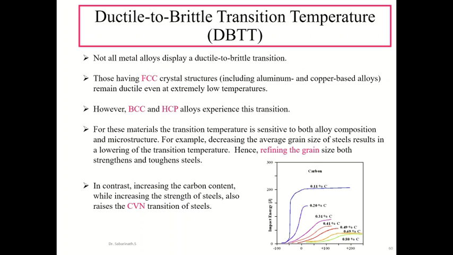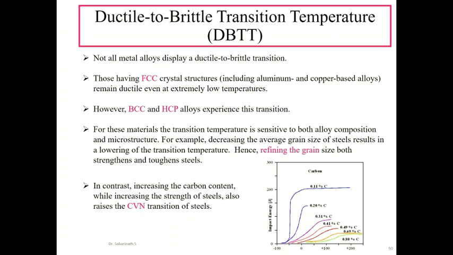of the material. So in order to avoid the transition from ductile to brittle, we can decrease the average grain size of steels, and it will result in lowering the transition temperature.